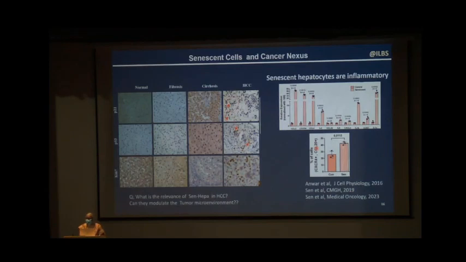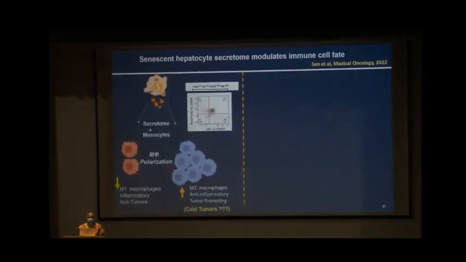So we did a very simple experiment where we made the cells senescent. These are all in vitro work, and we collected the secretome, leaving behind the cells, and then treated monocytes from healthy individuals and asked whether this secretome can change the fate or polarize these macrophages.